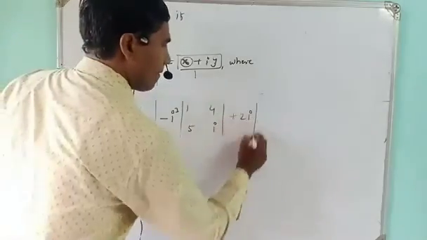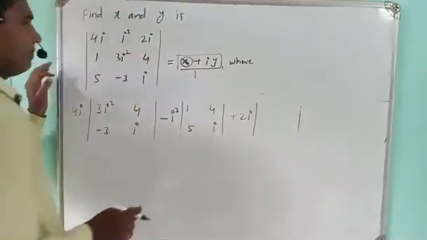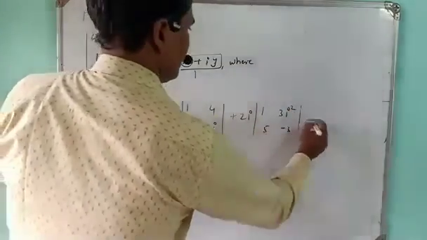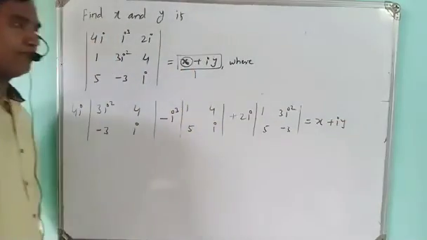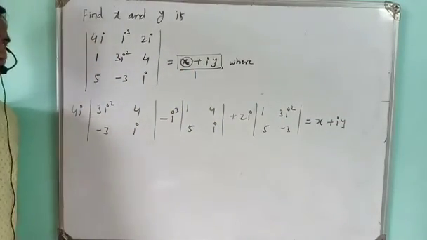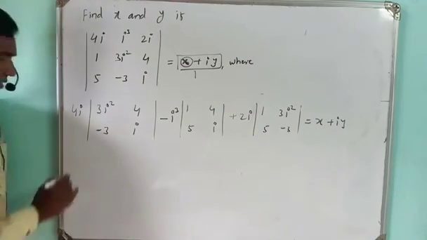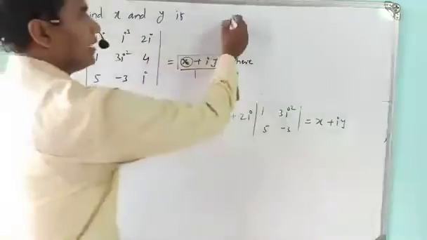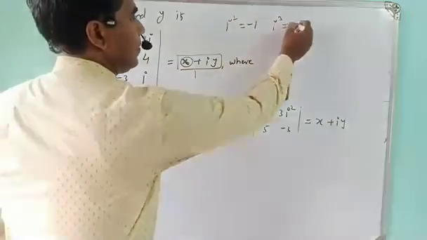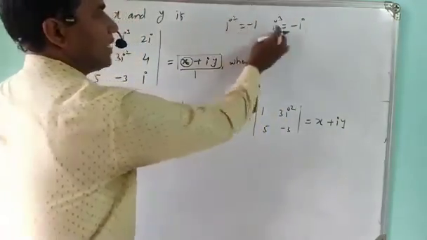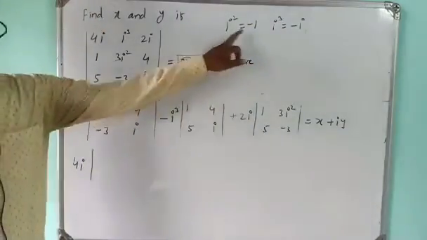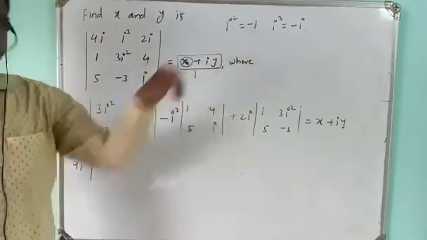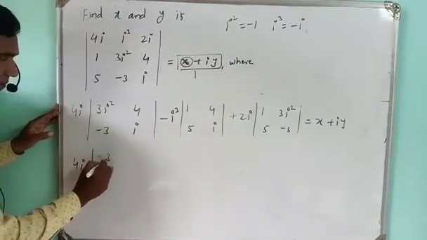Plus 2i, same procedure, 1 3i square 5u minus 3 is equal to x plus i1. बस अब वैल्यूज सबको मालूम है, उसके हिसाब से वैल्यूज रखो, जैसे कि फॉर एग्जांपल ये 4i एज इट इज. पहले वैल्यूज रखो, i स्क्वायर की वैल्यू भी बताया, i स्क्वायर माइनस 1, i क्यूब माइनस i. ये दो इंपॉर्टेंट है, एक बार ये दो मालूम है तो निकाल सकते हो. पर i स्क्वायर माइनस 1, i रेज़ टू 4 प्लस 1, i रेज़ टू 6 माइनस 1 अल्टरनेट. सो यहाँ पे i स्क्वायर कितना, माइनस 1, तो कितना मिला, माइनस 3 4.